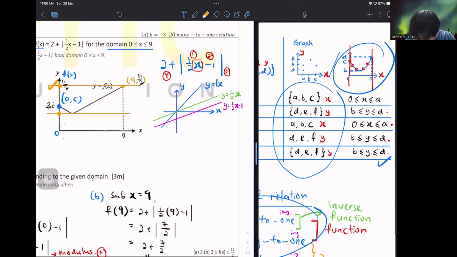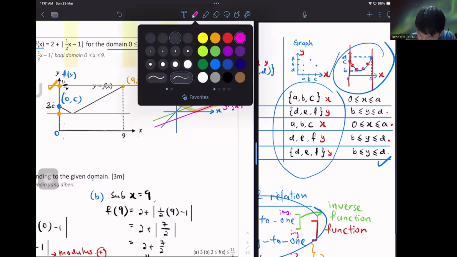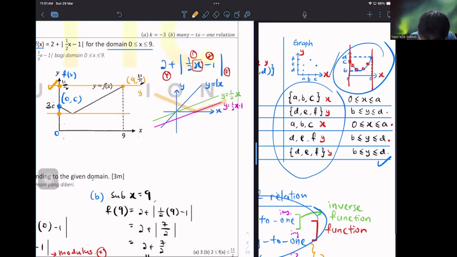Wait, actually a bit longer. Flip to the top. Is it okay? So this is including the modulus, modulus of 1 over 2x minus 1.